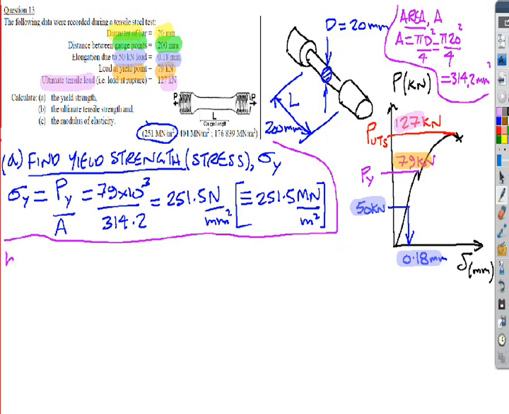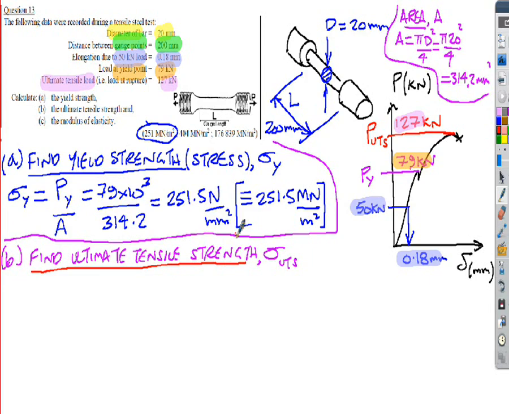Part B wants us to find the ultimate tensile strength. And again, if I use my symbols, I'm going to use that as sigma, and I'll just put UTS against it, ultimate tensile strength. So I'm finding this value up here, the red value, if you like. That'll be the same formula, just different symbols here. So stress UTS is equal to, if I use the notation, P UTS this time over my cross-section area.